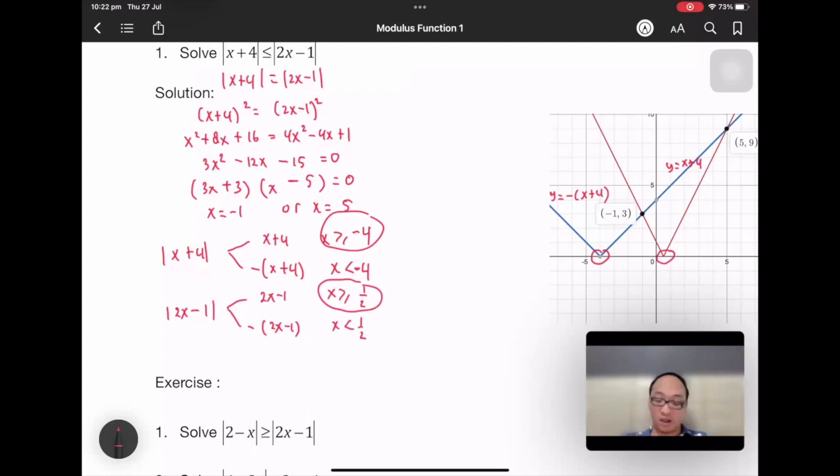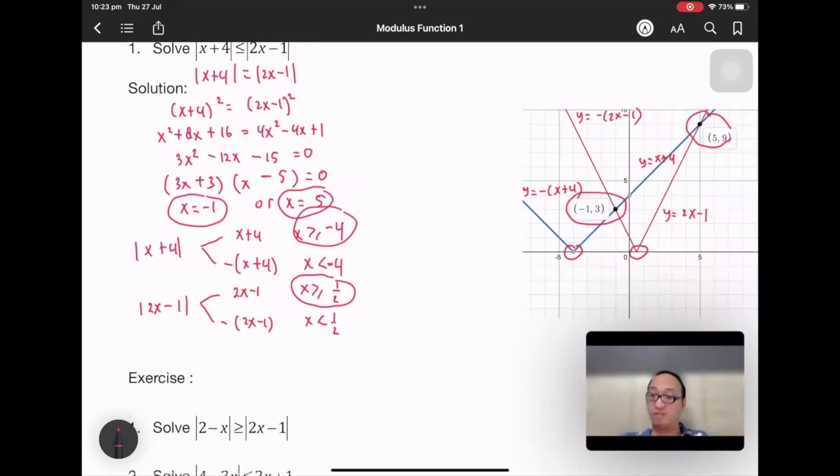That means for greater than half it is y equals 2x minus 1. For smaller than half, it's y equals negative 2x minus 1. So from here, we can see that the intersection points are negative 1 and 5. So it cuts here and here.